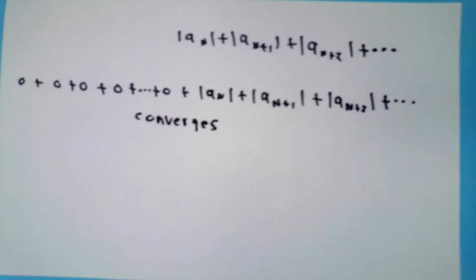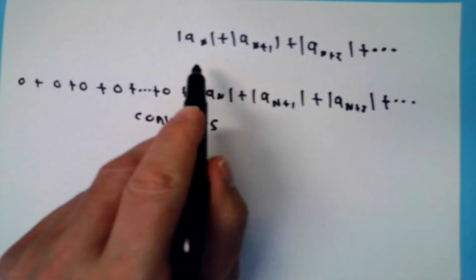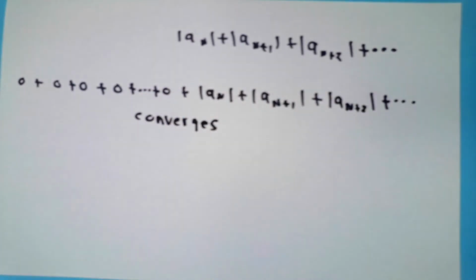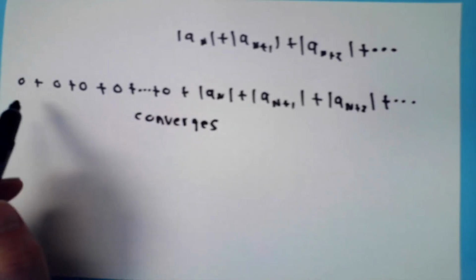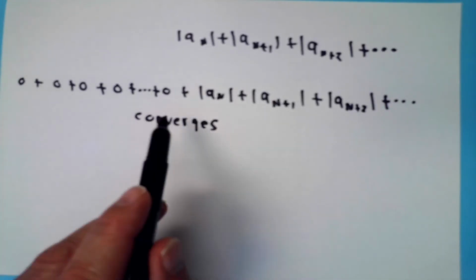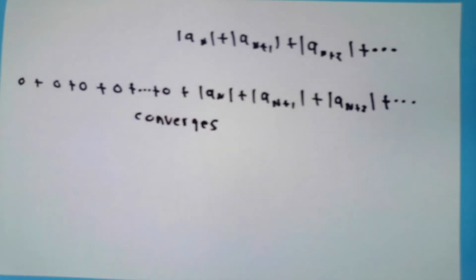Keeping that in mind, this sum that I'm looking at could be thought of as being an infinite series with index starting at 0, but all of the terms from index 0 to capital N minus 1 are 0. I can alter those numbers to anything I want, and I can say that the resulting series still converges.